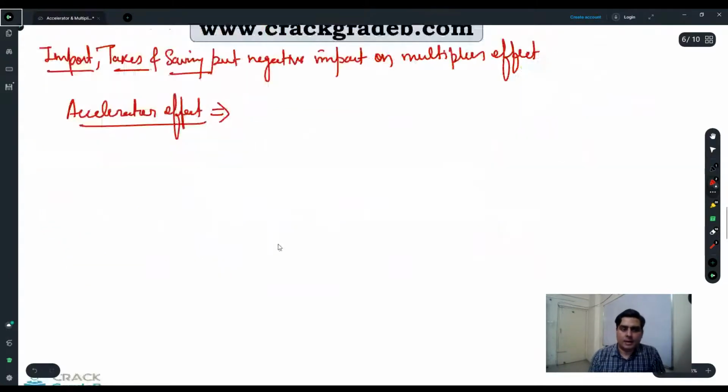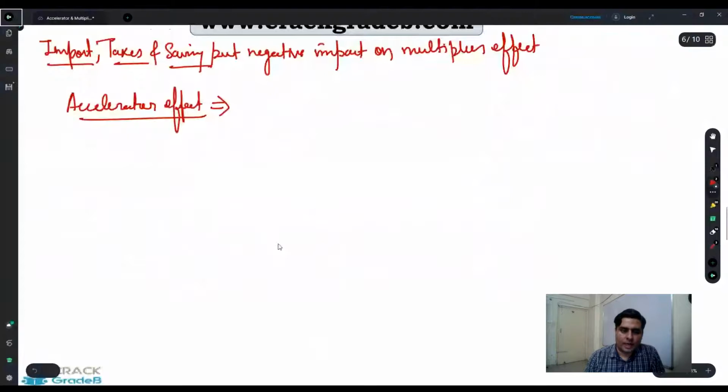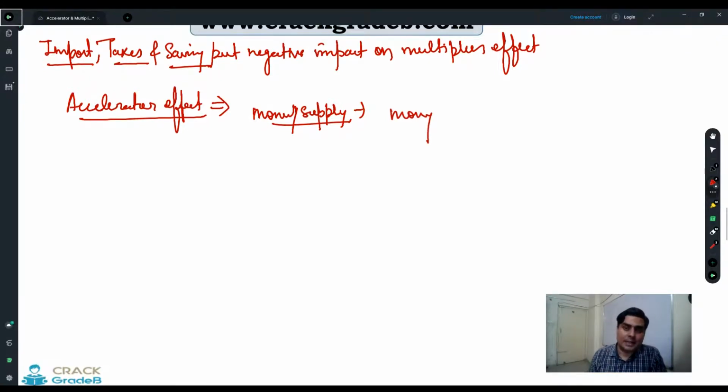What we generally intend to see in the economy, suppose there is a money supply in the economy, right? With this money supply in the economy, there is a demand of money, and the demand of money increases and decreases with the interest rates.